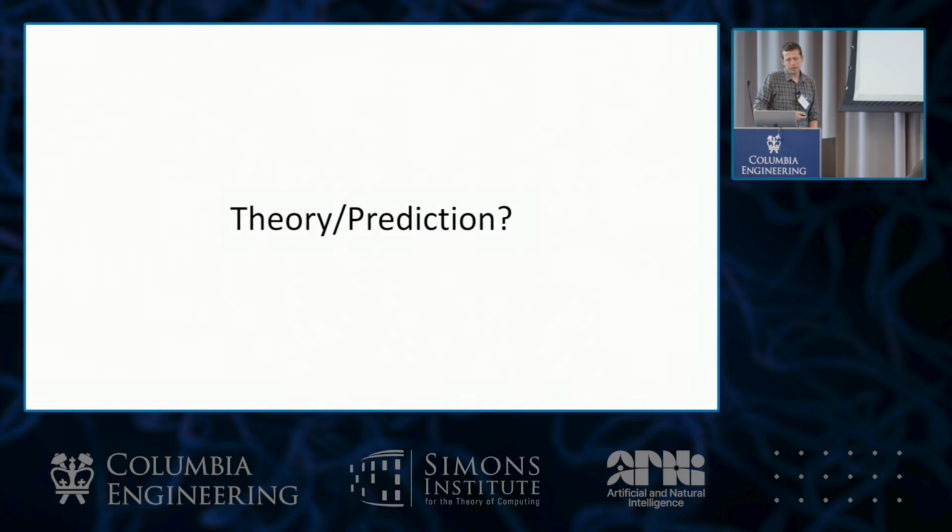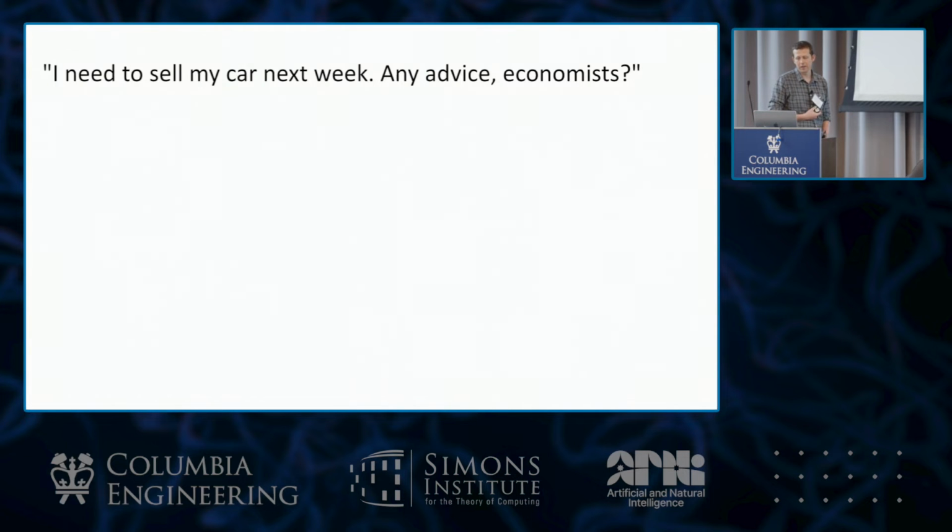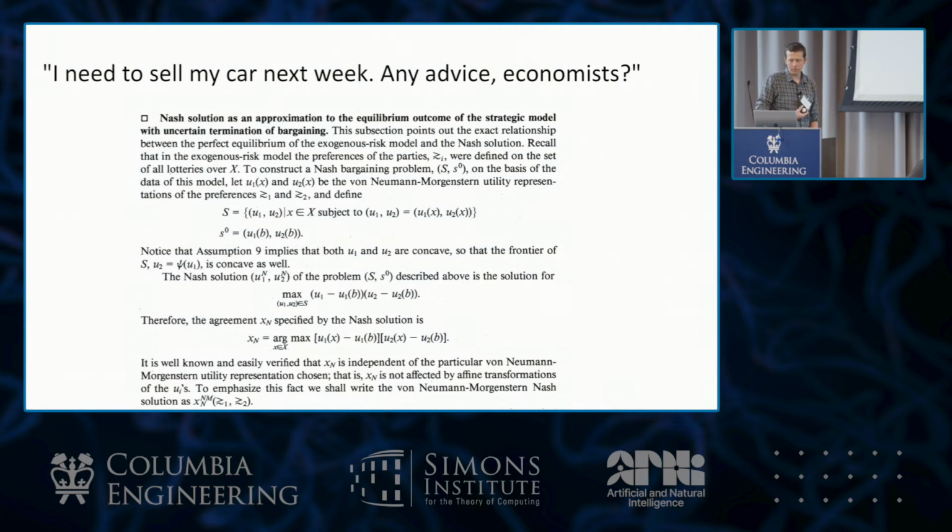Let's talk about prediction. So if you said, I need to sell my car next week, and you asked an economist for advice, this is what we know about bargaining. This is a joke. The econ version of bargaining is pretty stylized. It's a hard problem to get traction on.